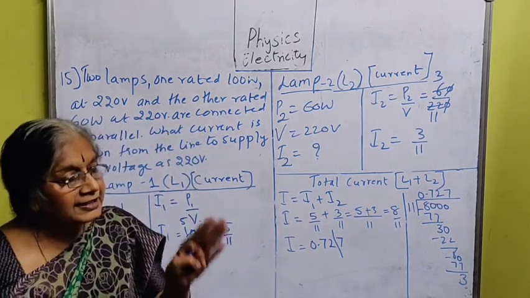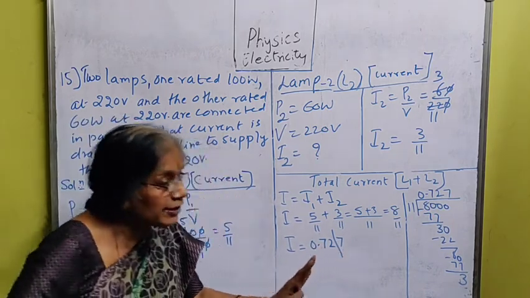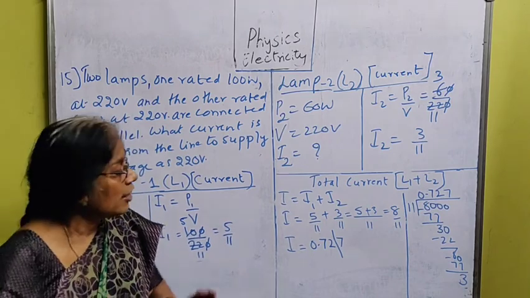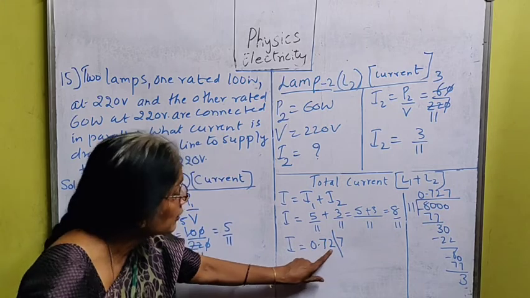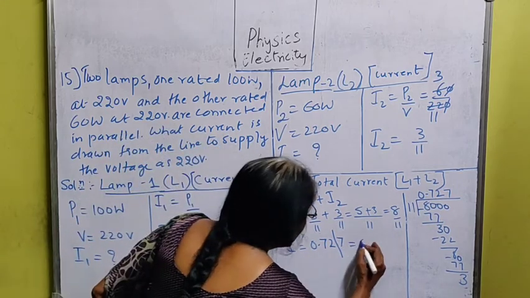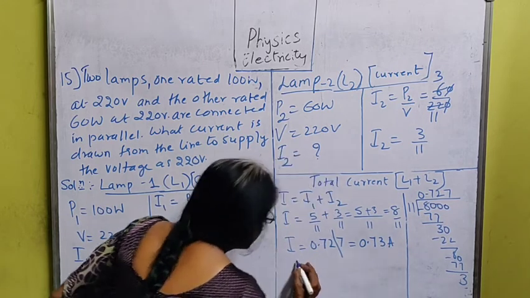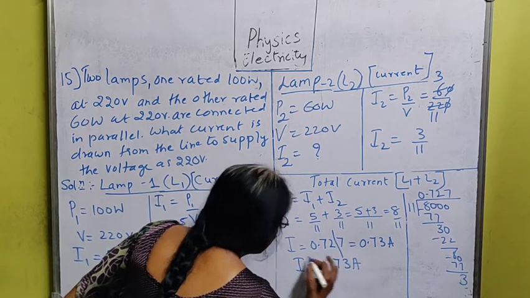If the third decimal is less than 5, the answer will be 0.72. If the third decimal place is 5 or more than 5, you have to add 1 to the previous. Here 7 is more than 5, so if I add 1, I will get 0.73 ampere. So the total current flowing is 0.73 ampere.